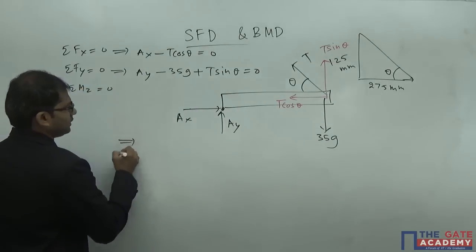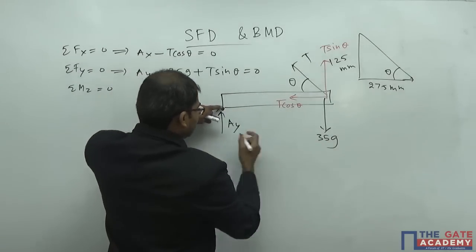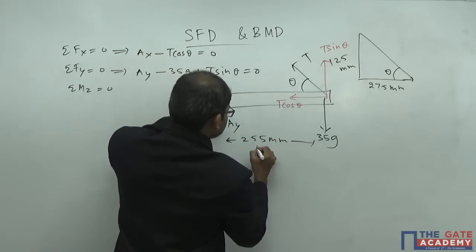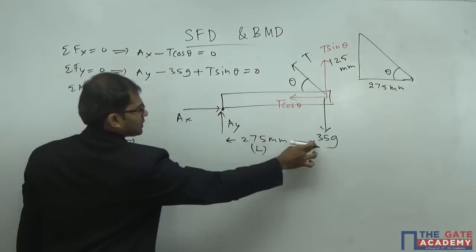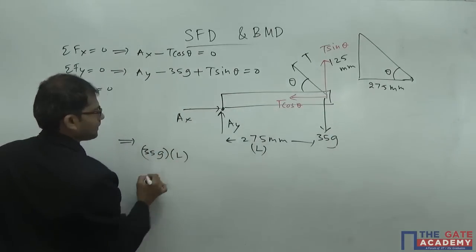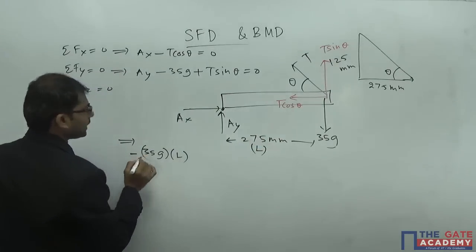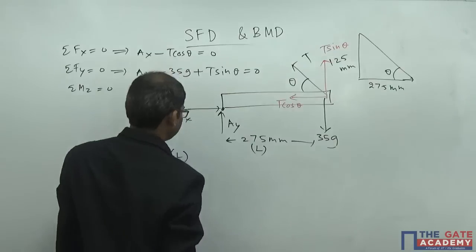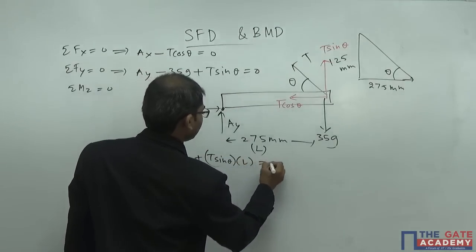About point A, 35G is acting at a distance of 275 millimeters, which I'll take as L. So the moment because of 35G is 35G into L, but this one is acting in clockwise direction, so we take it as negative. Similarly, the moment because of T sin theta will be plus T sin theta into L is equal to 0.